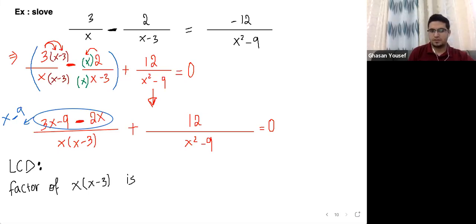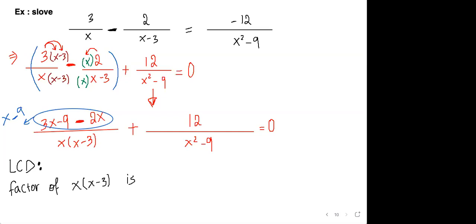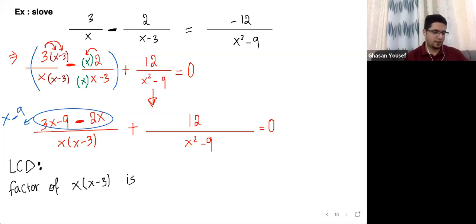The factor for this is not x times x minus 3 times x plus 3. No, this is not correct. It is already factored, so we have to write it down again, the same: x times x minus 3. We cannot factor it more.